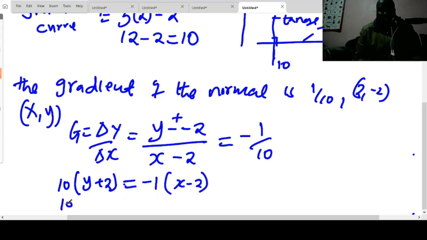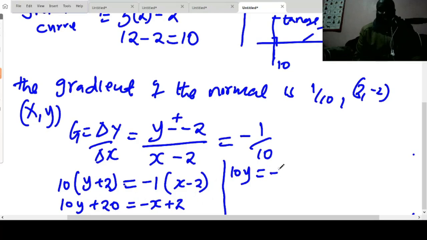So this is 10y plus 20, which is equal to negative 1 times x is negative x. Negative 1 times negative 2, the answer is positive 2. So from there, you collect like terms together, we will have 10y is equal to negative x.